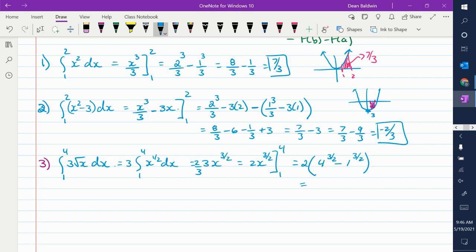It means square root, right? So 4 square rooted is 2, cubed is 8. So this becomes 8 minus 1, which is 7 times 2, and 14 is your answer.